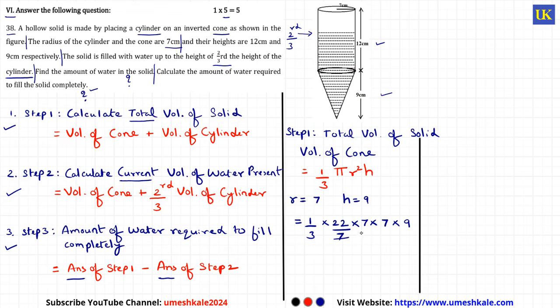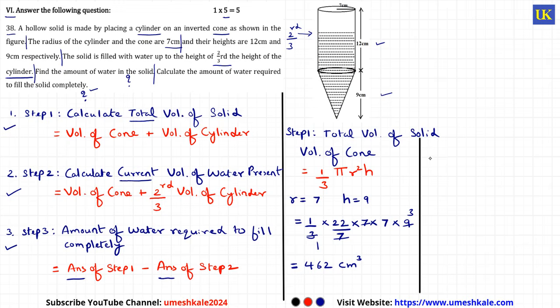So 7 and 7 one time we can cancel, and 3 ones are 3 and 3 threes are 9, like this we can cancel, and now we will multiply the remaining things. So now what we will get is 462 centimeter cube, because we are finding volume, so volume is always written in cube.